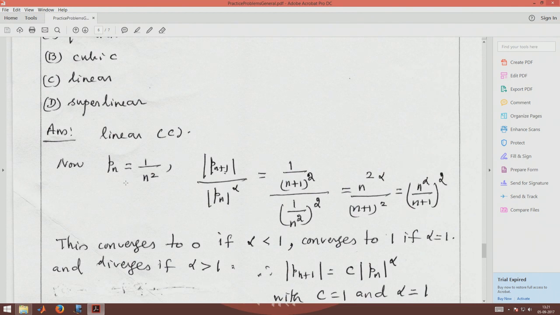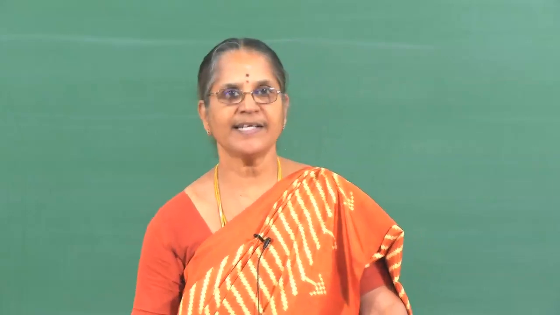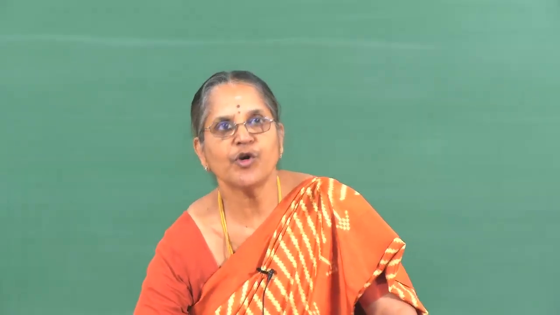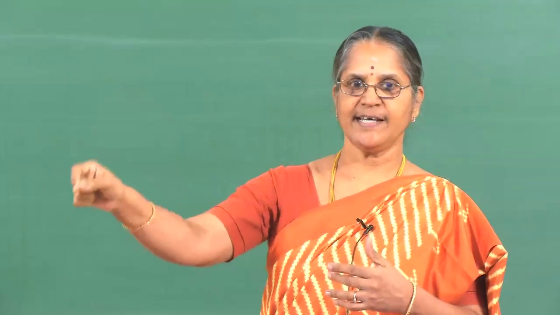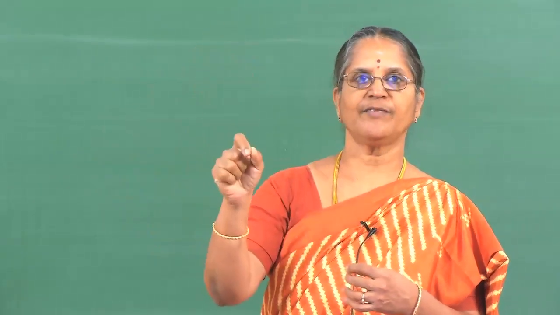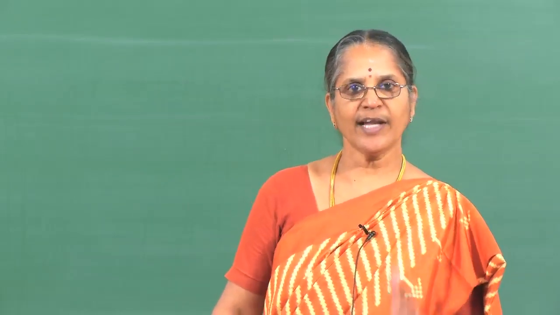You must get E(n plus 1) divided by En power alpha, that must be the asymptotic error constant C. So, I repeat again, you have to show that E(n plus 1) is equal to En to the power of alpha multiplied by C. Alpha gives you the order of convergence of the method and C gives you the asymptotic error constant. So, let us see what this is in this example.